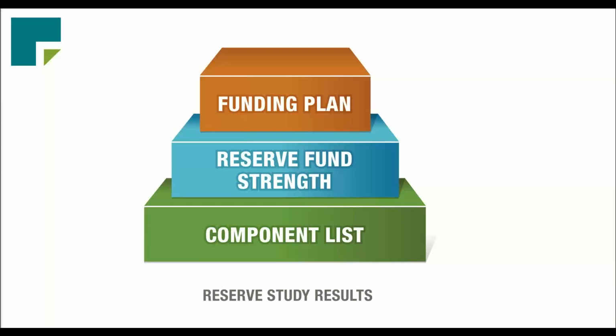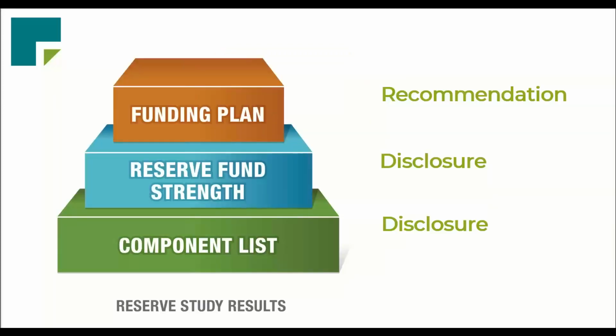Now, the component list is what we call the foundation of every reserve study. But if you look at it a different way, when we talk about using the reserve study, a component list is a disclosure, and the reserve fund strength is a disclosure. It's a status. Where are we now? What's happening now? What condition are things now? And the funding plan is a little bit different in that it is a recommendation.